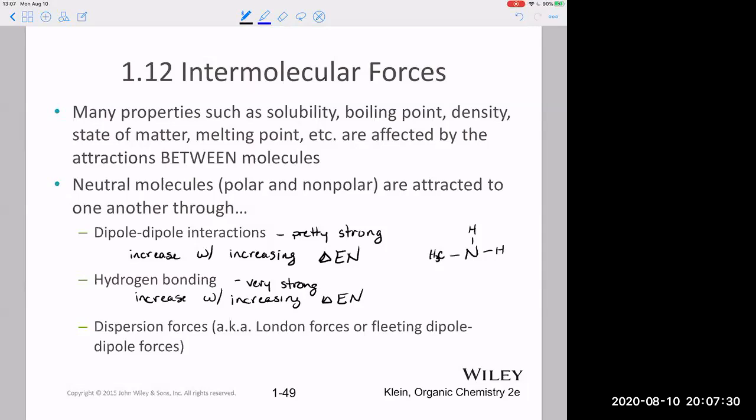Because there are only 2 hydrogens on this particular compound, it's not going to be able to hydrogen bond to its neighbors as well. Likewise, if I removed yet another one, this would have even weaker hydrogen bonding and thus a lower boiling point.